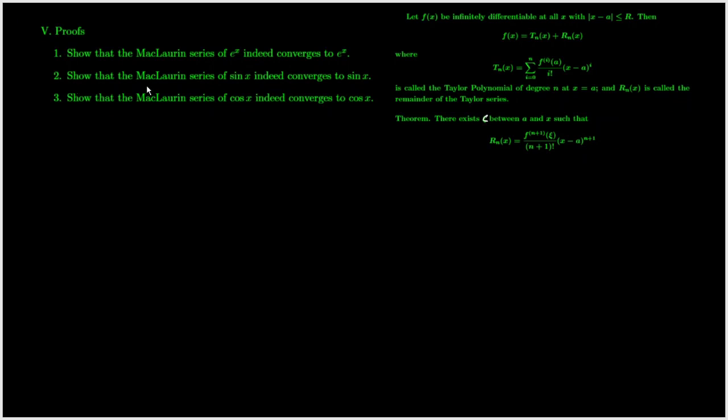We'll prove that the Maclaurin series of sin of x indeed converges to sin of x by showing that the limit of Rn of x approaches 0 as n approaches infinity. I was using c in here. Now we use the form of the Lagrange remainder formula.